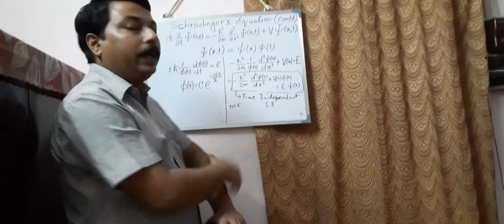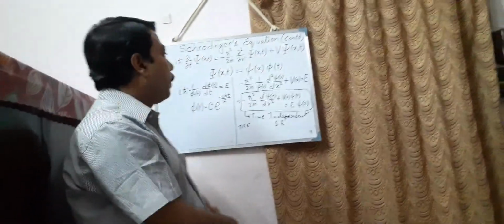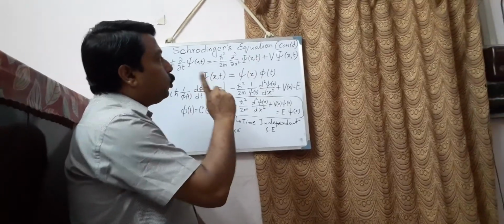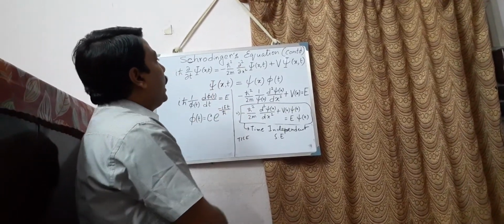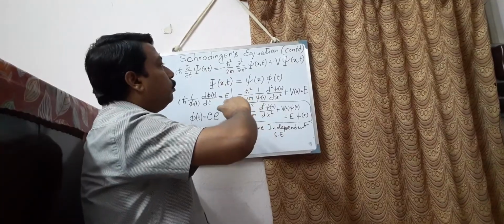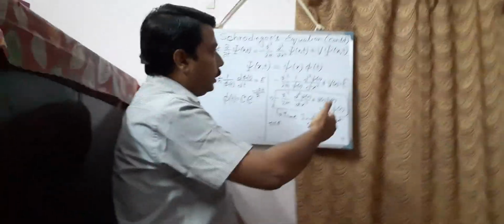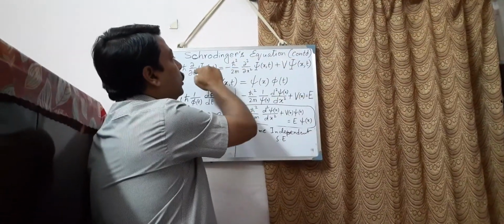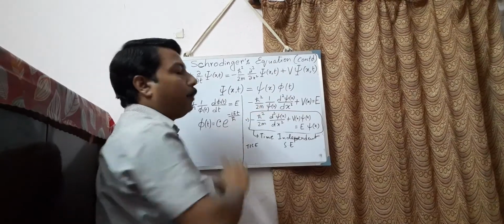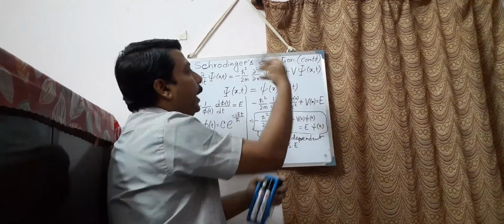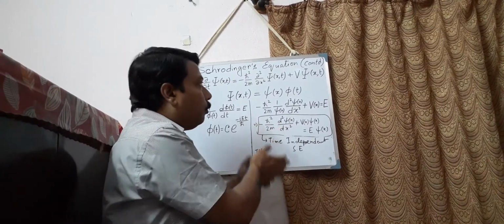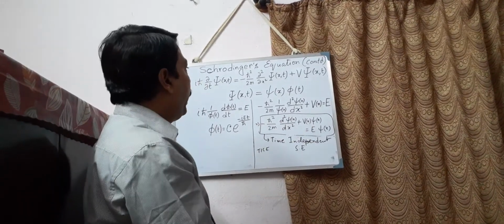Why is this time independent Schrodinger equation important? Is because, look, I already told you in the previous lecture that if you go from one system to another, the only thing that changes in this entire Schrodinger equation is this potential function V. So V will make the only difference in the equation for one system to another.